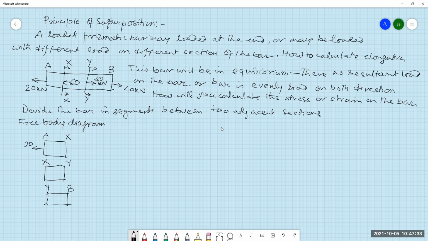And right hand, as this free body diagram is in equilibrium, you have to put another 20 kilonewton on the right side. But you see, on the XY section, there is no 20 kilonewton force existing. It is an imaginary load. It is just put there in order to balance the portion AX and XY.